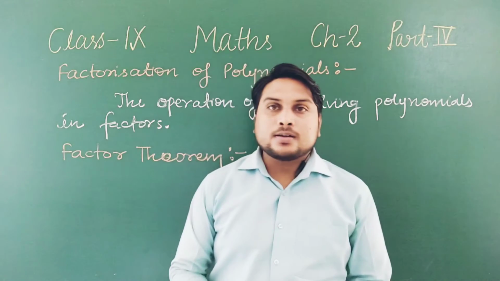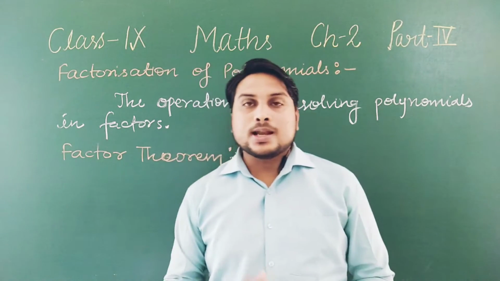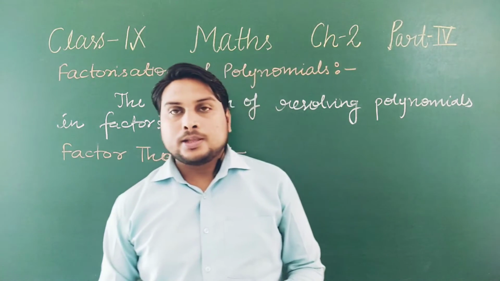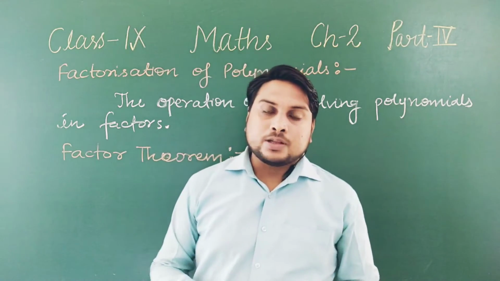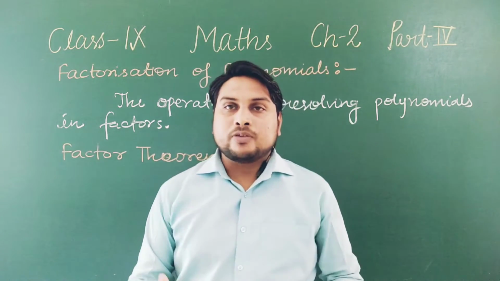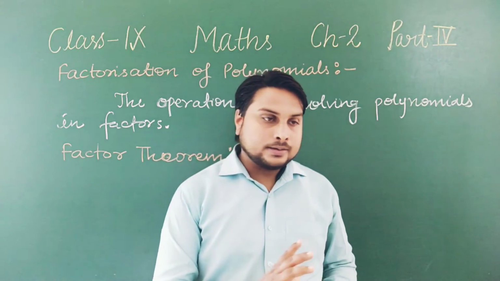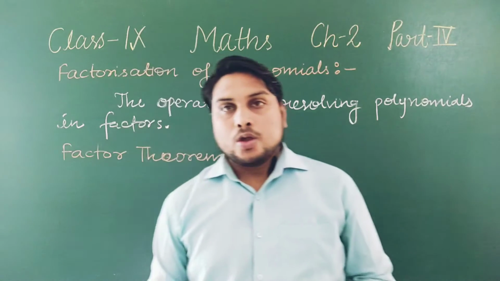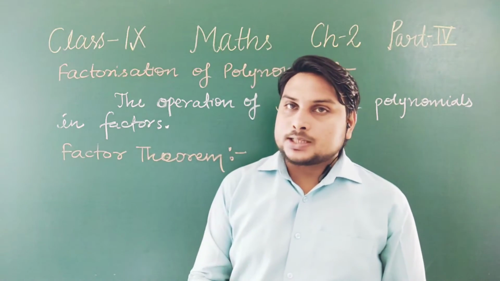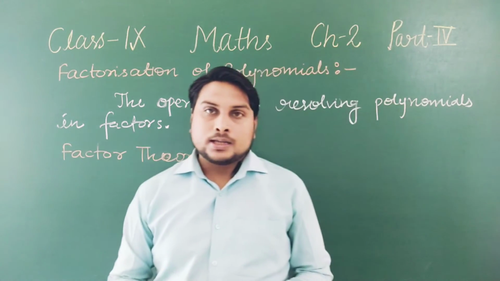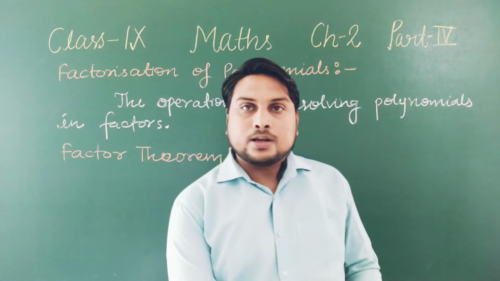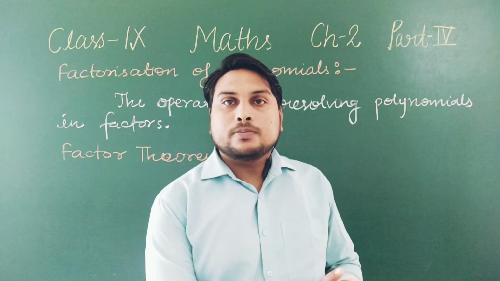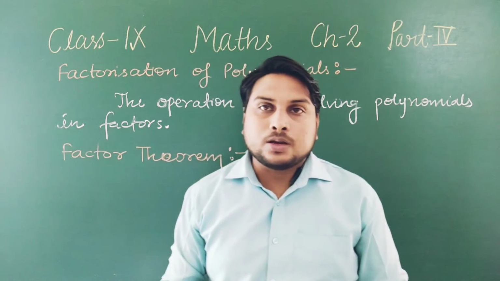Now, what is factor theorem? In the last class we have studied about remainder theorem. There what we have done is, without doing the actual division, if we want to find out the remainder only, then we use remainder theorem. And the last portion of exercise 2.3 was that you have to check whether one polynomial is the factor of another polynomial or not.